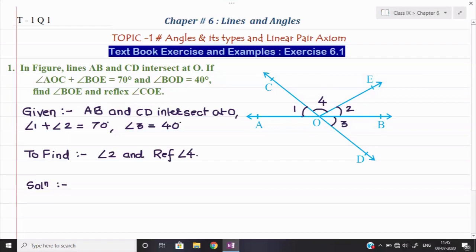So angle 1 and angle 3 are equal. Whatever the value of angle 1 is there, same way the value of angle 3 will be there. Okay, but angle 3 value already we have given in the question. So if I put the value of angle 3 as angle 1 in this equation, I can get the value of angle 2.